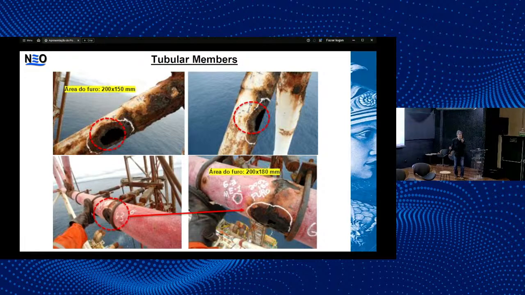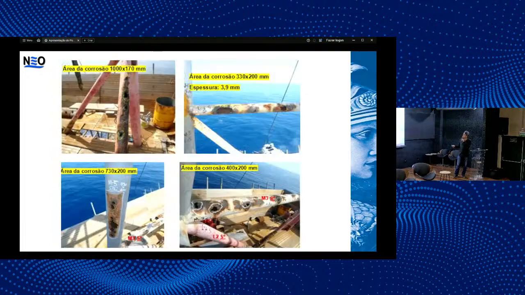And there is a lack of procedure on how to safely repair those structures using composite materials. Traditionally, welding and cutting is employed for these activities, but it's time-consuming and dangerous offshore. So we are studying to replace the traditional method by using composite materials.